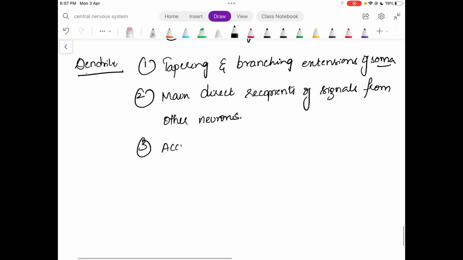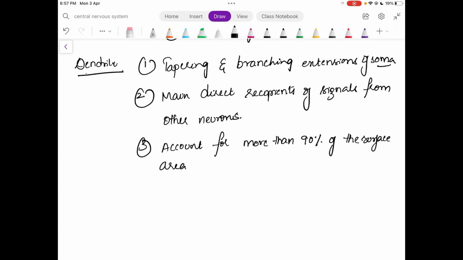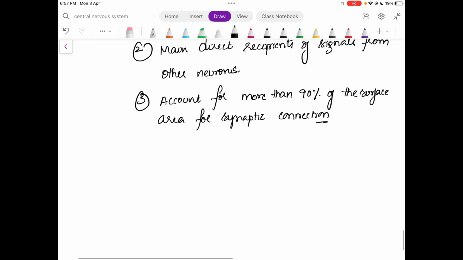And these dendrites account for more than 90% of the surface area for synaptic connections. They constitute the major area for a neuron.